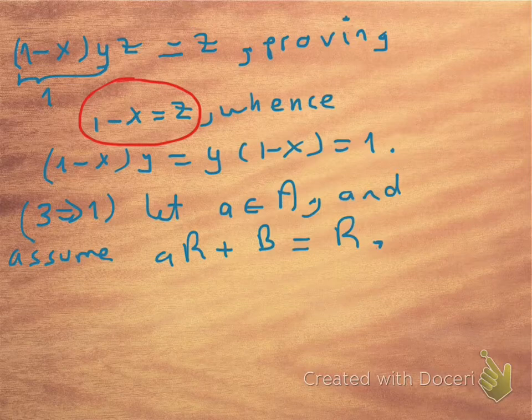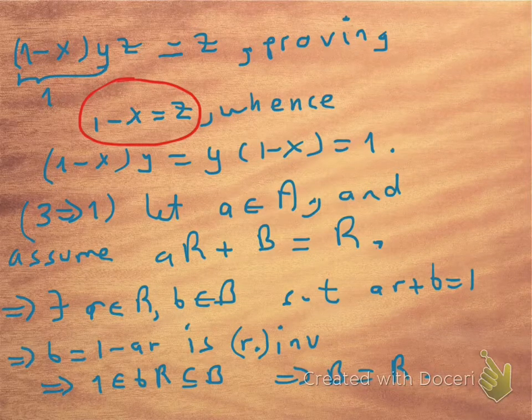So assume AR plus B is equal to R. Well, then this means there's an element r of R and b of B such that ar plus b is 1. But remember our assumption, so ar is an element of A, right? So this means 1 minus ar, which is equal to b, is right invertible or invertible.